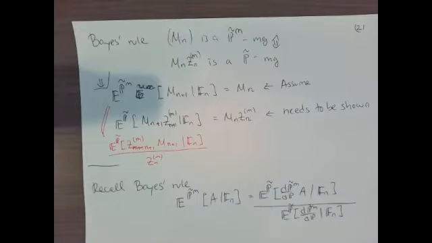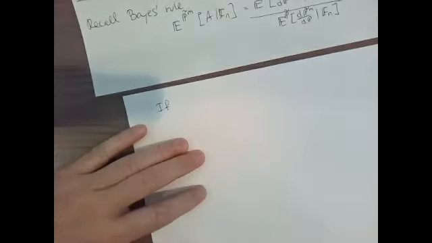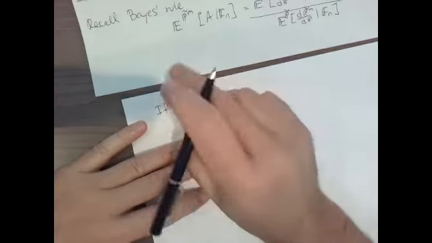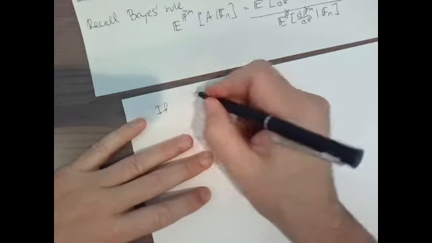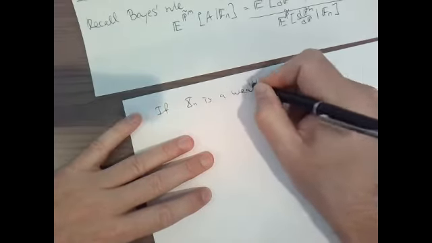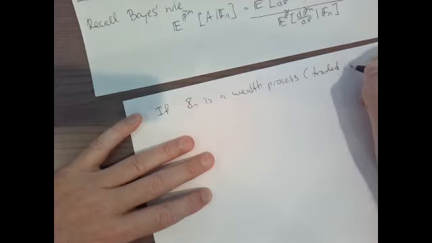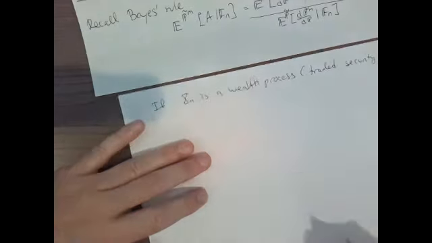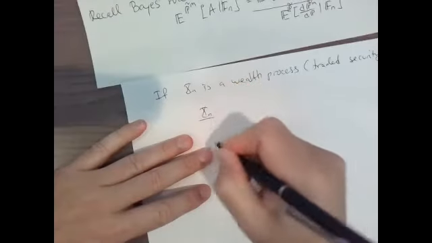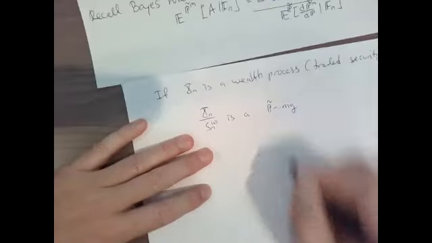Okay, so what we have now is, if Xn is a wealth process, right, so this is a traded security, then I know that Xn divided by Sn0, this is a P tilde martingale.